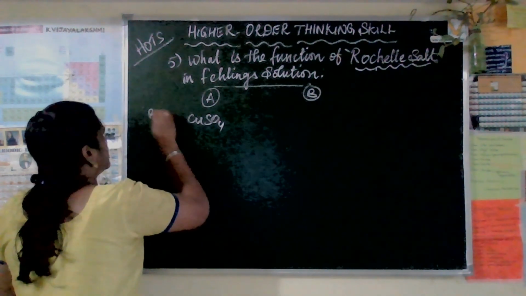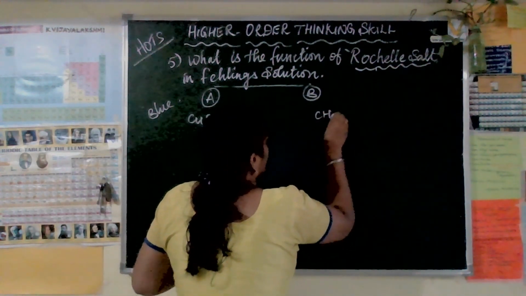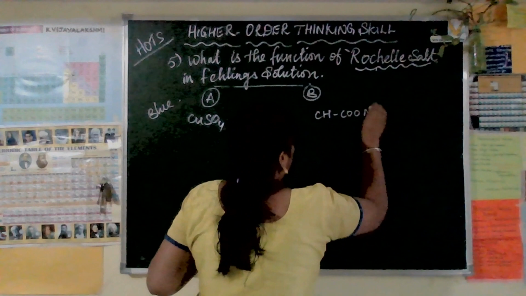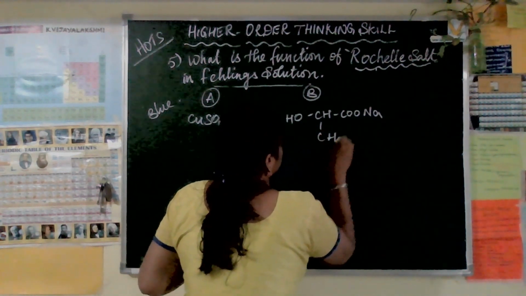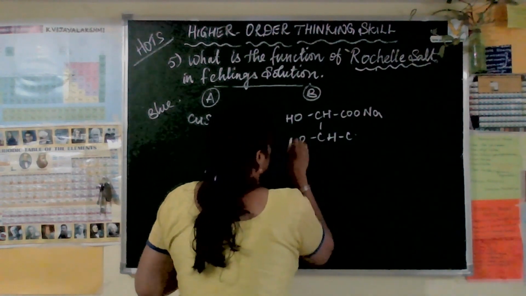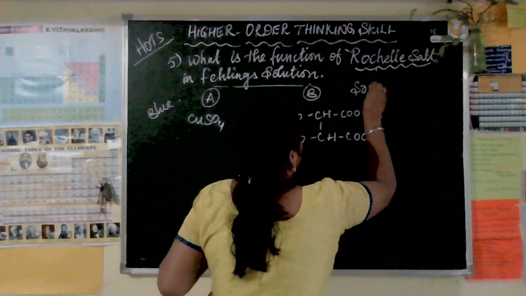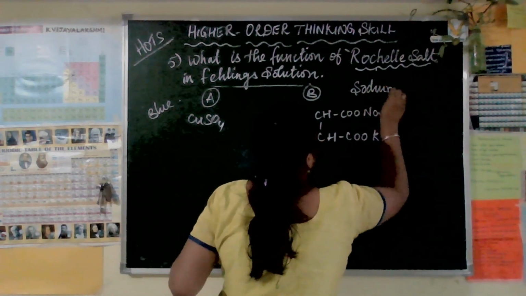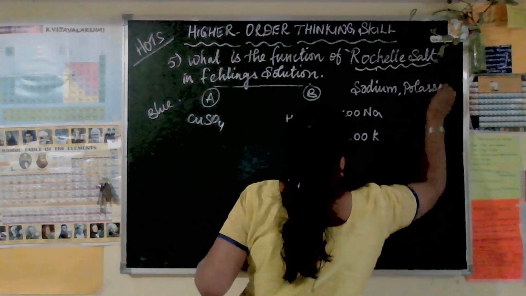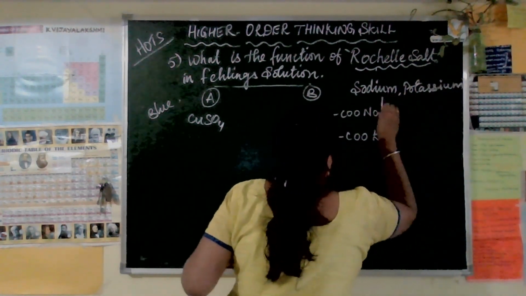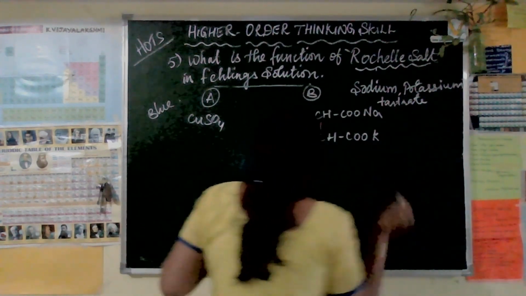Okay, so it's blue in color. And B is CHOHCOONa and CHOHCOOK, sodium potassium tartrate only.